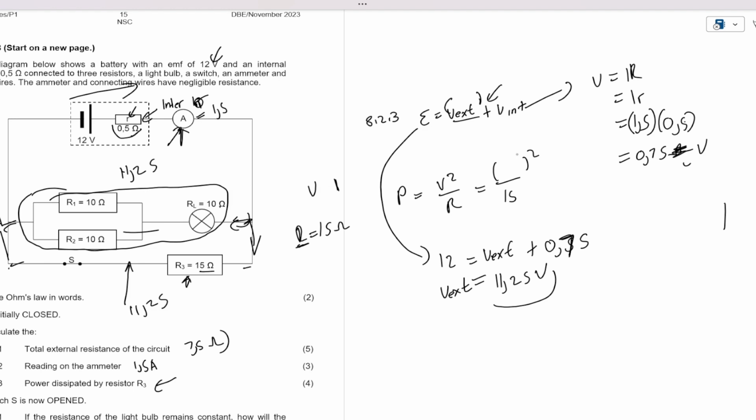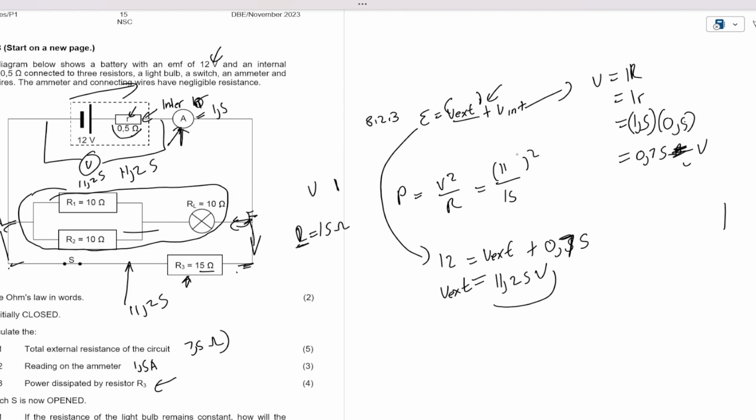They share the voltage. No, they do not share the voltage, they have the same voltage. So because the V external here from the cell is 11.25, it means that this branch and this branch will have 11.25.